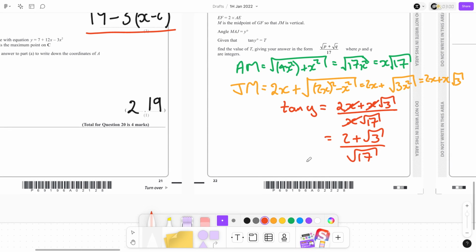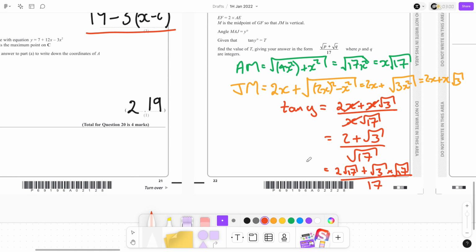But we want it in this form, so we've got to multiply the bottom by root 17, so we get 2 root 17 plus root 3 times root 17 over root 17 times root 17, which is just 17.